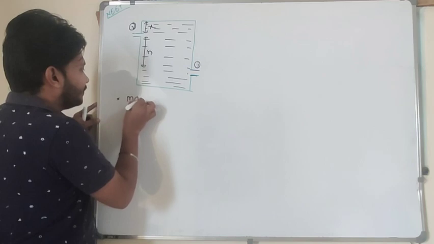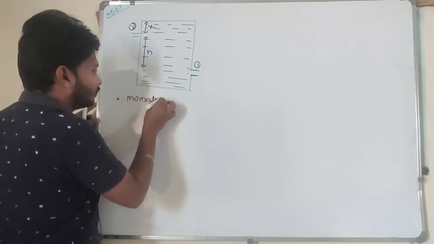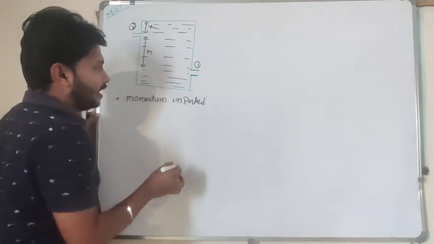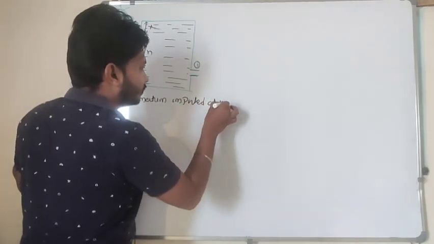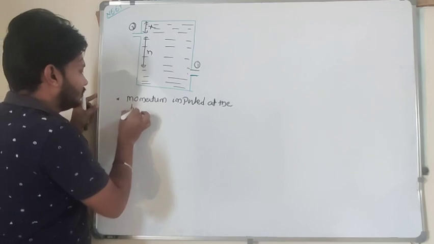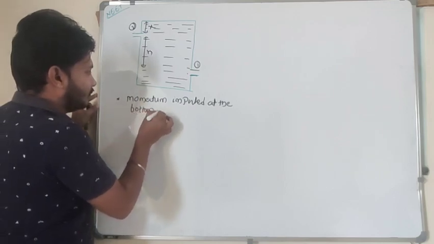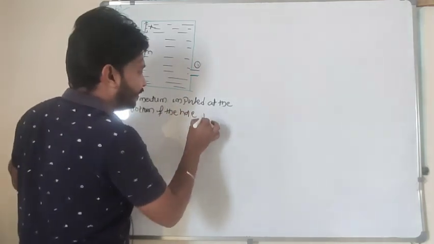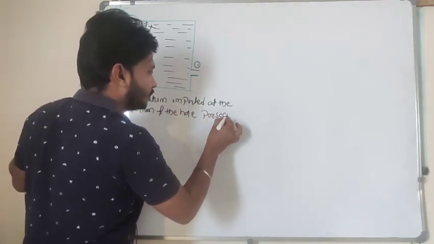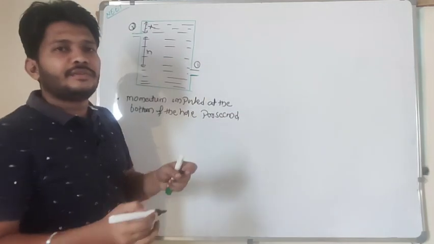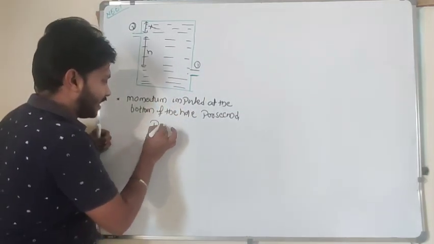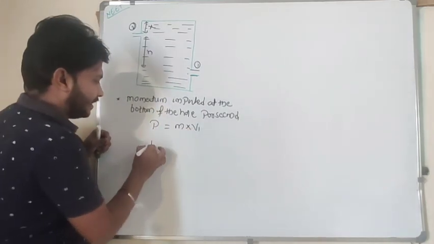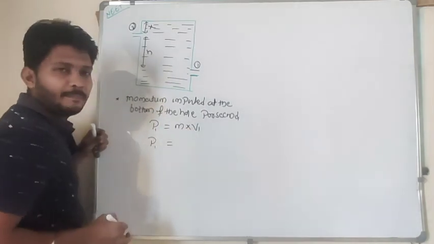Momentum imparted at the bottom hole per second we can consider. Momentum is equal to what? Product of mass and velocity. Mass and velocity per second, I said. So this momentum will be P1.